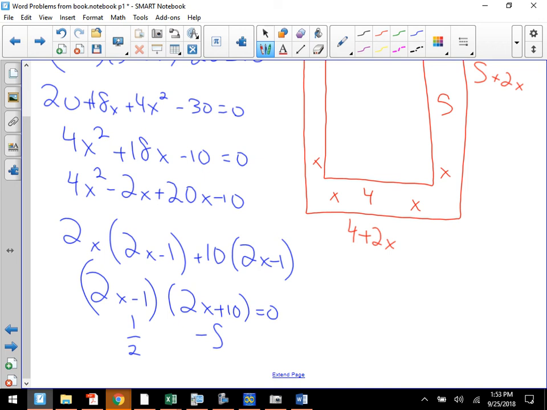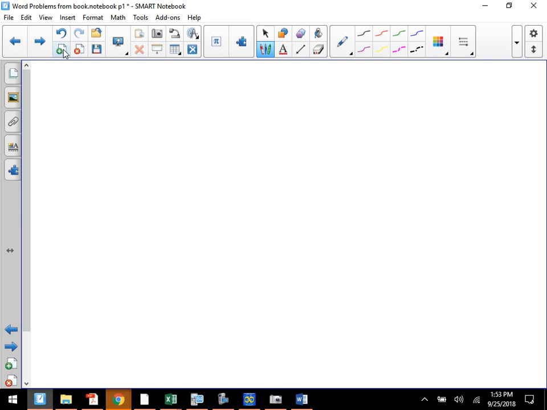Next page, you did what? The airplane one, I think, was the next one? Does that sound right? Okay. So airplane. The length of a runway in feet needed for a small airplane to land is given by this formula, where s is the airplane's speed in feet per second.